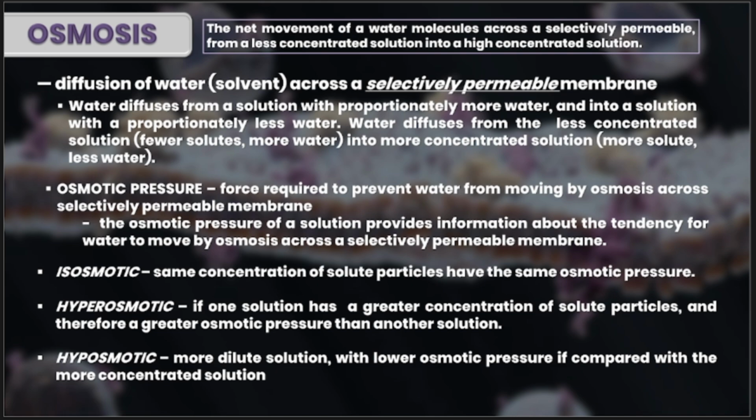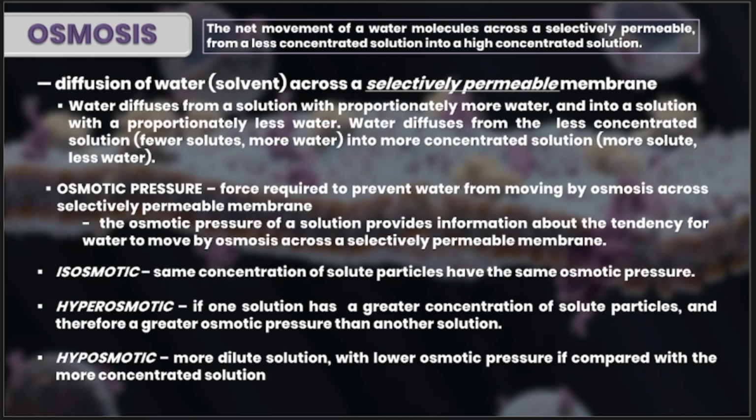We also have definitions of terms such as osmotic pressure. Osmotic pressure is the force needed to stop water from moving across a selectively permeable membrane by osmosis. The higher the osmotic pressure of a solution, the greater its tendency to draw water across the membrane.